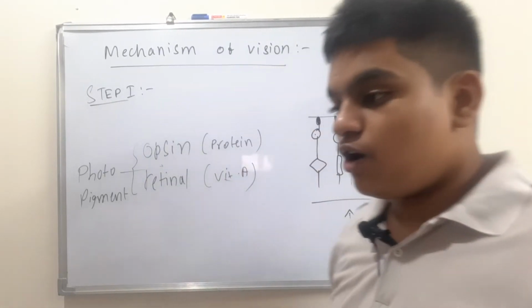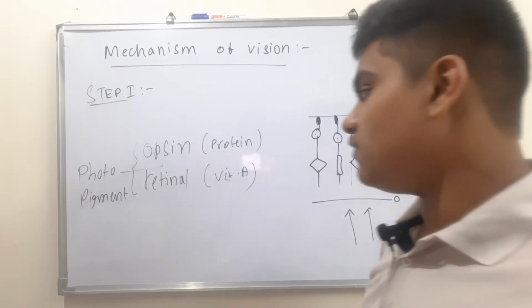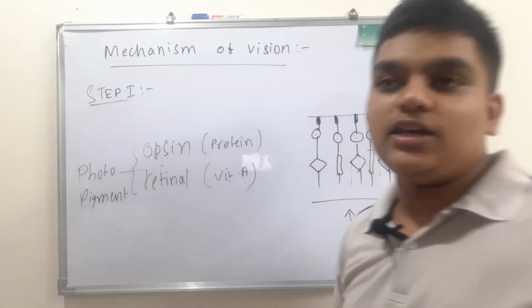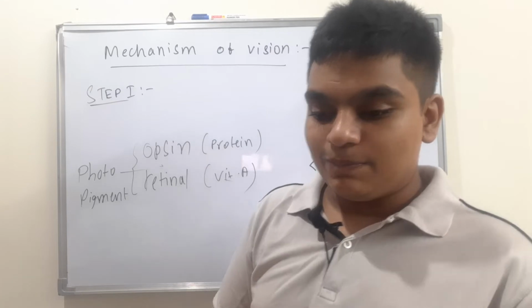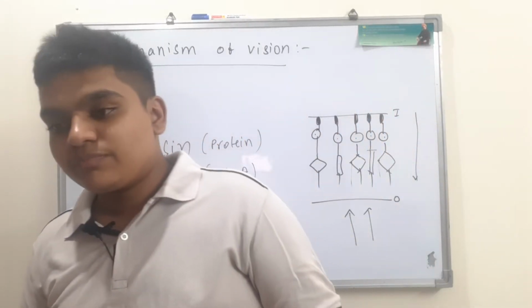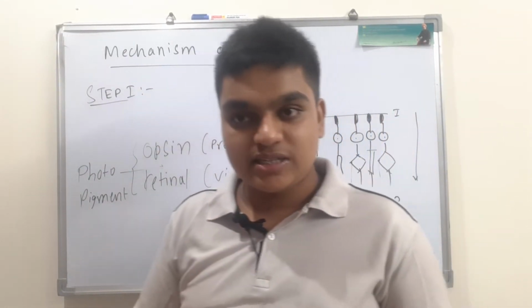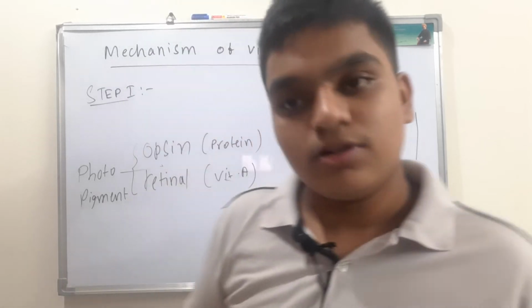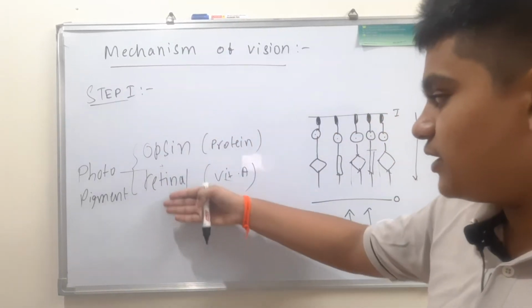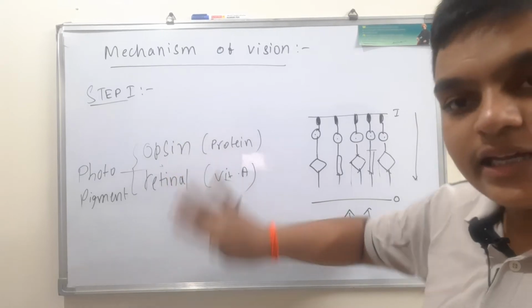This results in changes in the structure of opsin. It is obvious that when a compound leaves the original one, it causes some changes in that original compound. So whenever retinal is leaving opsin, it creates changes.